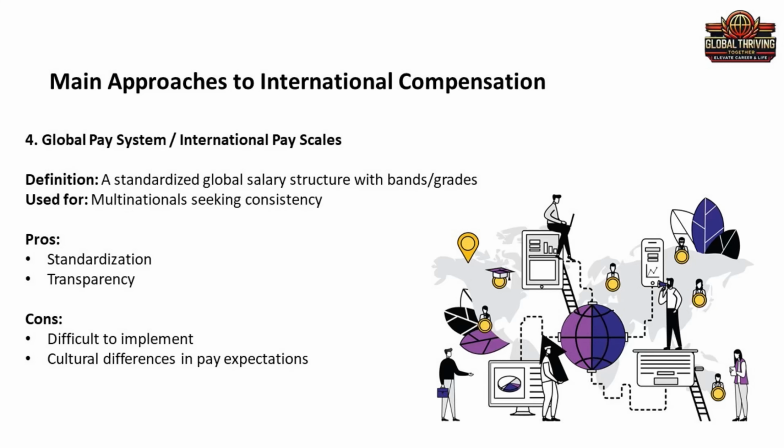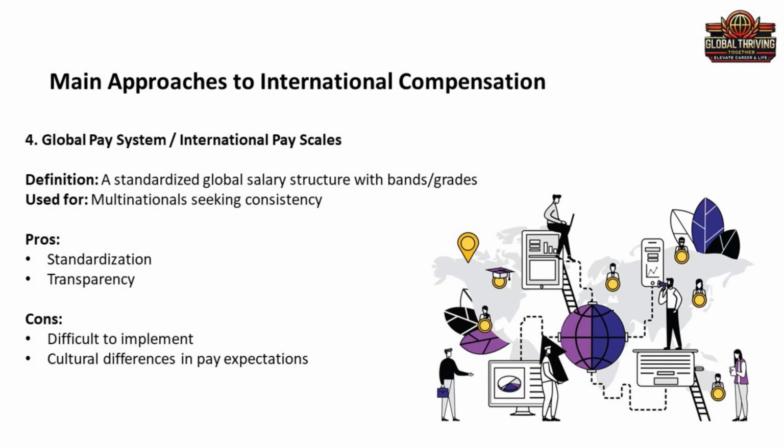Moving to the last one, which is the global pay system or international pay scales. The global pay system creates a unified compensation structure across all countries, using job grades or bands to determine the pay regardless of location. For example, a project manager at grade 3 would have a global pay range that is adjusted slightly by country-specific factors but overall remains consistent.